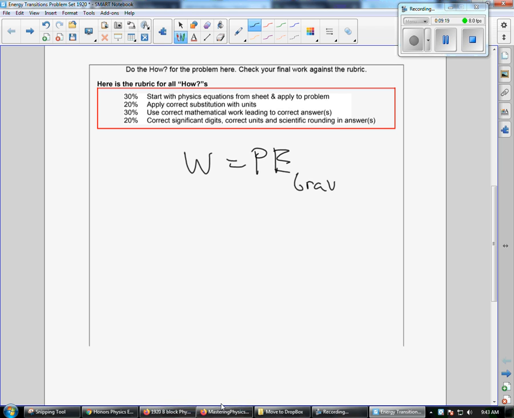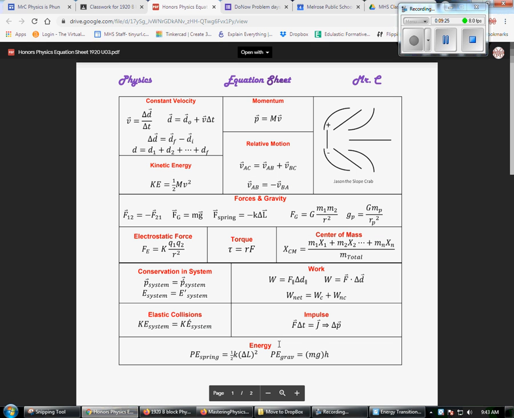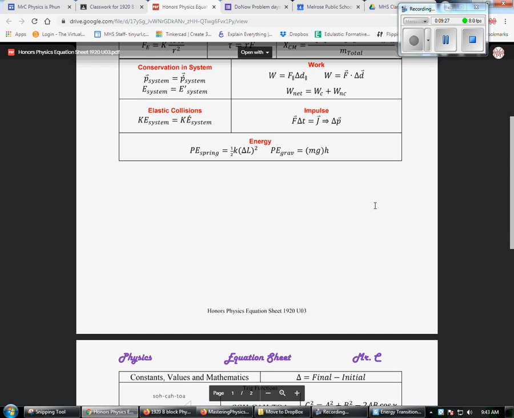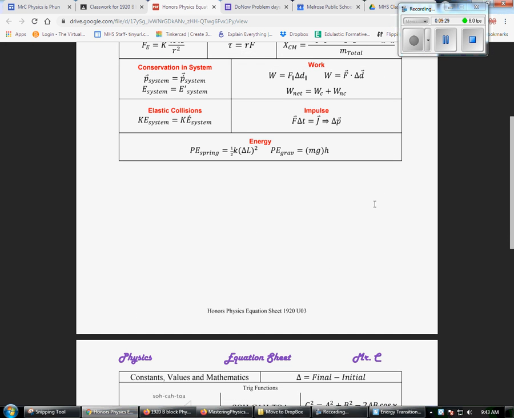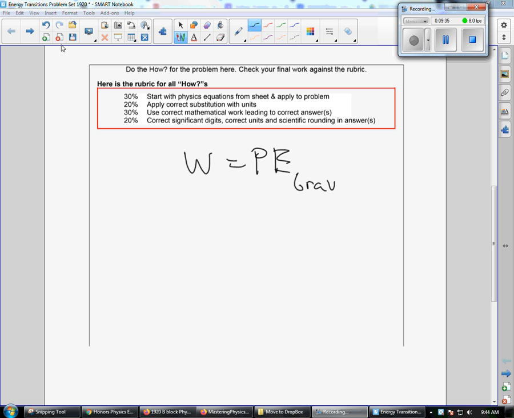So I'm going to grab my equation for PE grav. Yes. Yep. Paste that. Grab that.